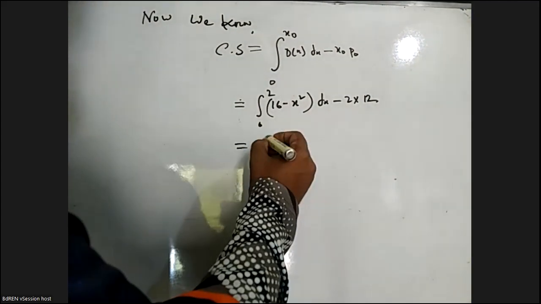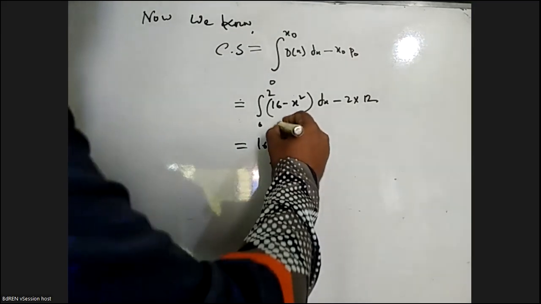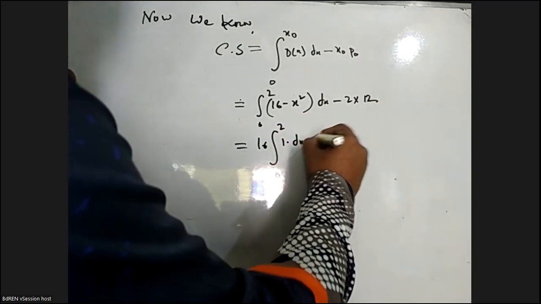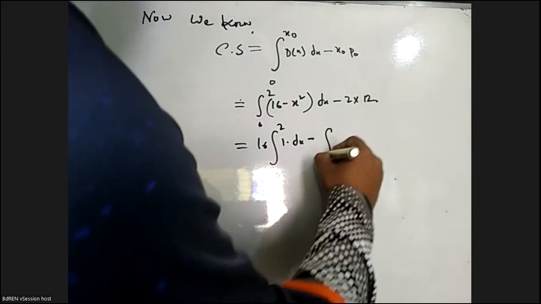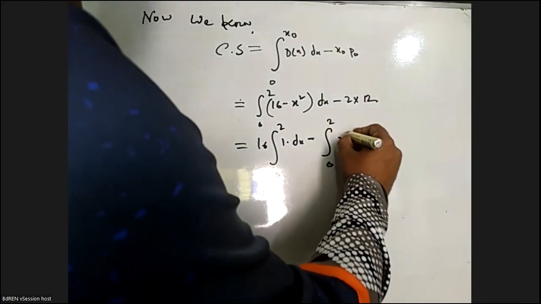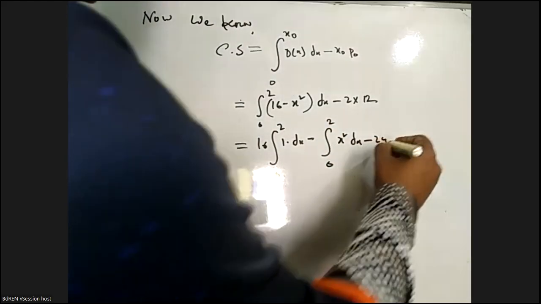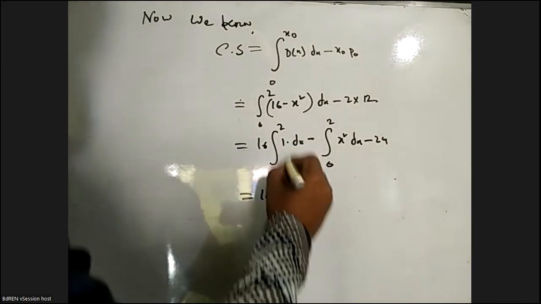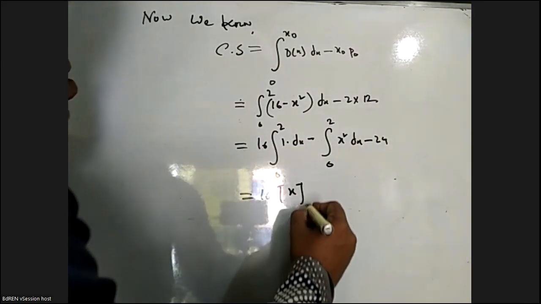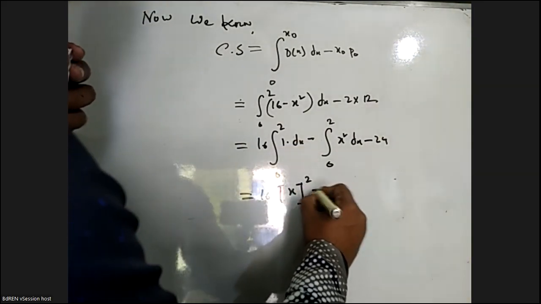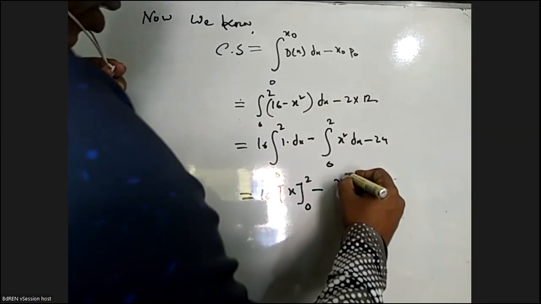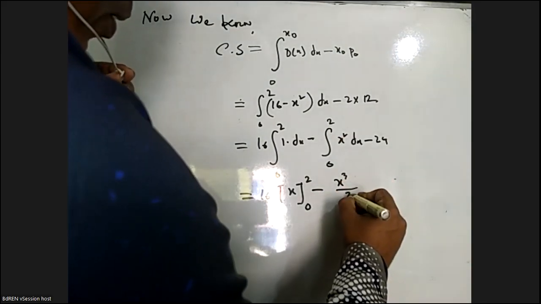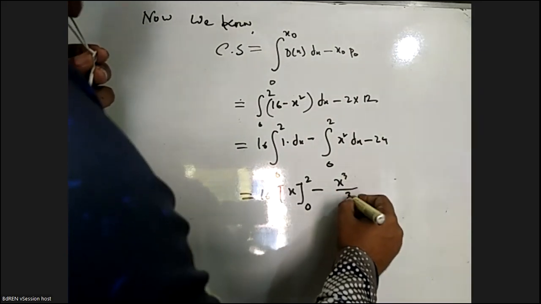So 16 times the integral from 0 to 2 of 1, minus the integral from 0 to 2 of x square, minus 24. The integration of 1 will be x, with limits 0 to 2, minus the integration of x square, which will be x cube by 3 using the power rule, 2 plus 1 divided by 2 plus 1.